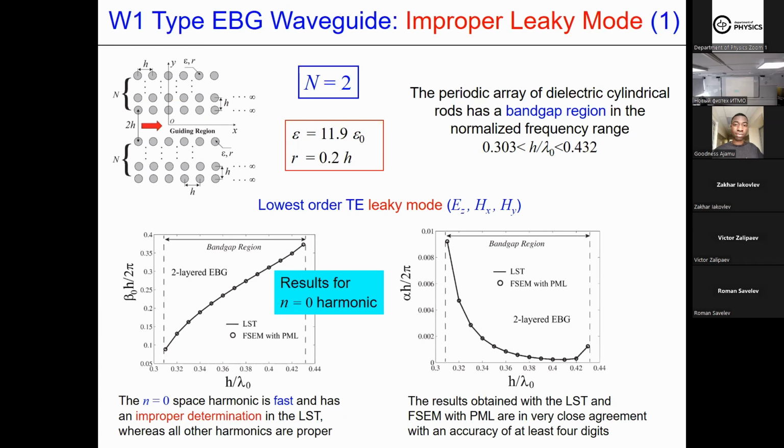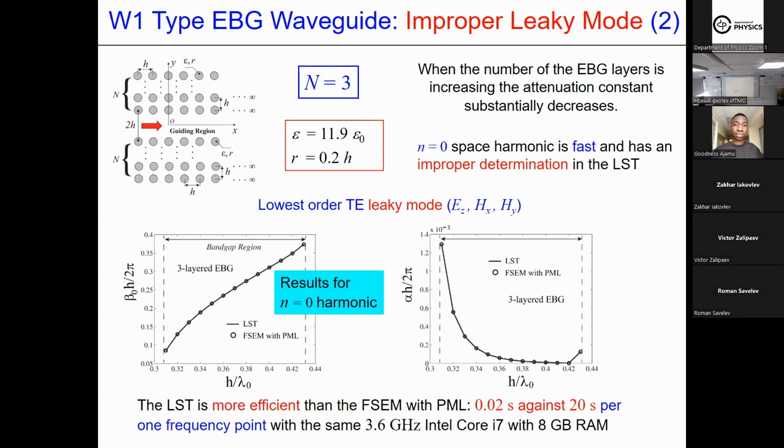That's why we have the attenuation constant here, and here we have the propagation constant. Here is measured the normalized wavelength, here the propagation constant, and here the attenuation constant. And here the 0 space harmonic becomes improper.